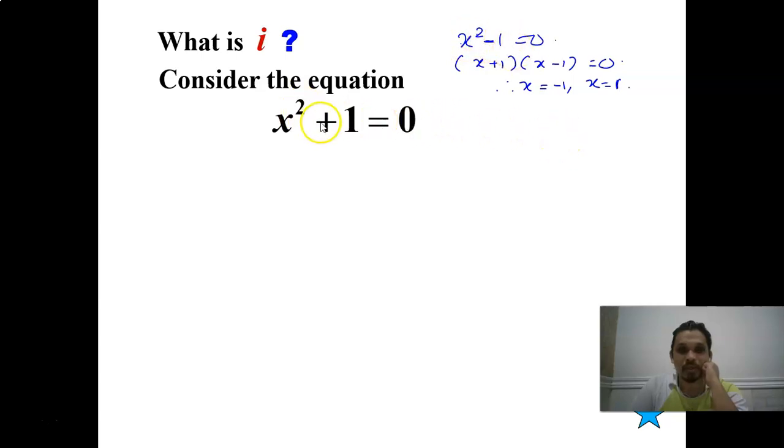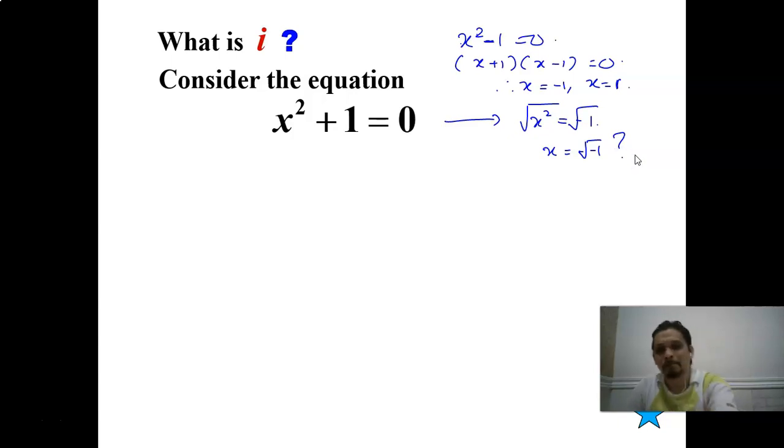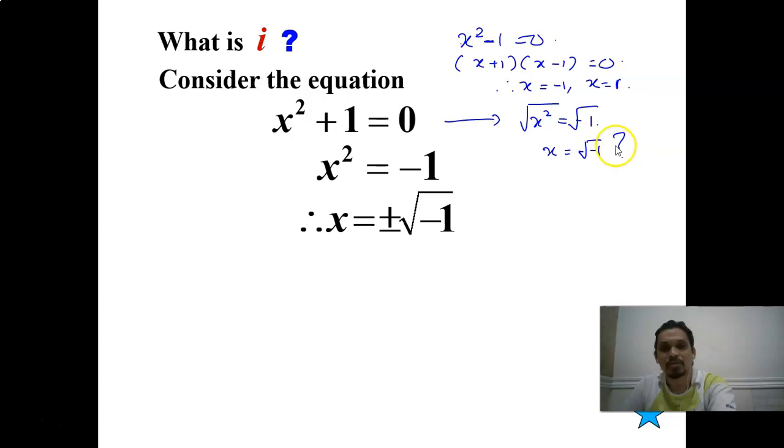With a sign of negative here, x squared minus 1. So what about x squared plus 1 right now? Okay, so just imagine that if I bring it here, x squared equal to negative 1, and square root of left and right side, x equal to plus minus square root of negative 1.